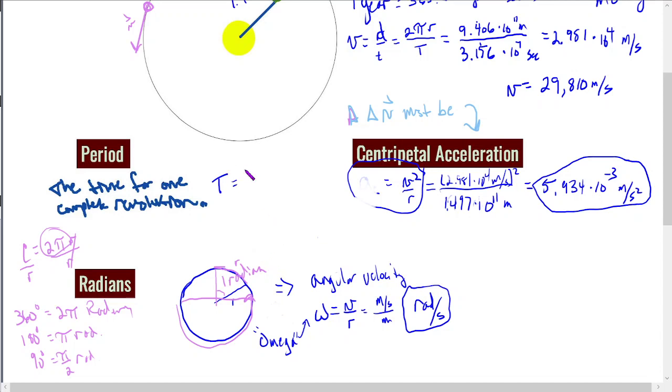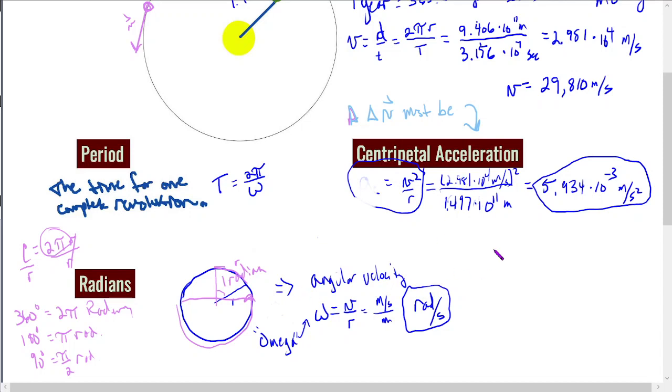The period equals 2 pi, the number of radians, divided by your angular velocity. Or your velocity times your time equals your distance. And so since you're just traveling in a circle, your velocity times time equals one time around the circle.